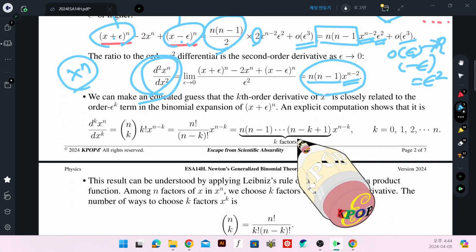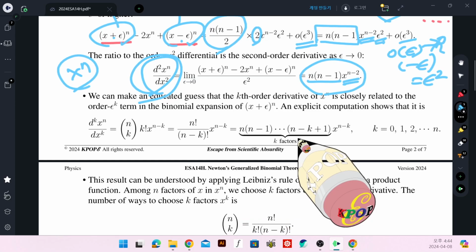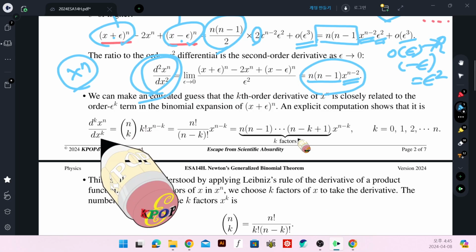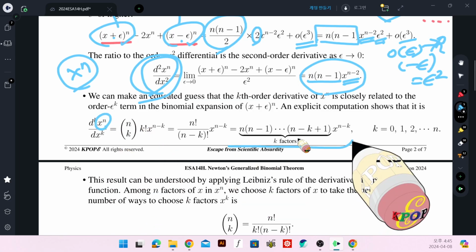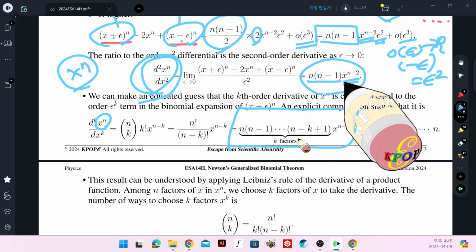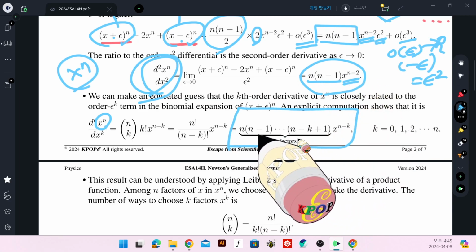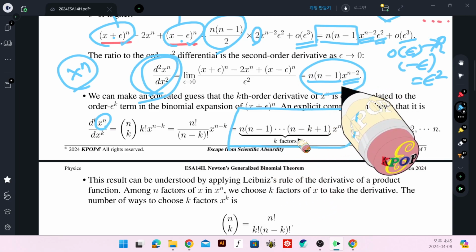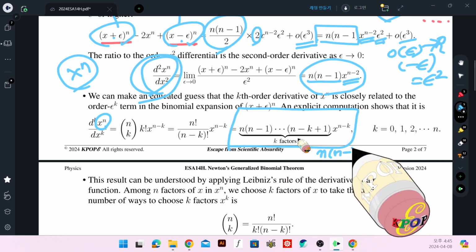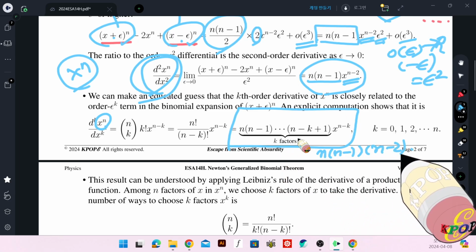We can make use of systematic ways such as mathematical induction. We can prove that the k-th derivative of x to the n is given like that. We can see we have an additional factor that is decreased by 1, so n, n minus 1, n minus 2, and so on.